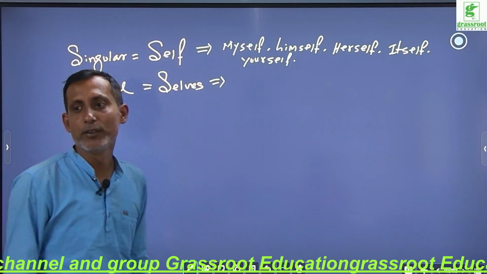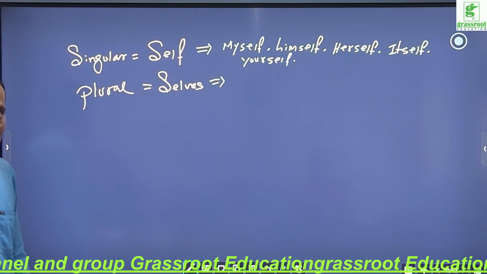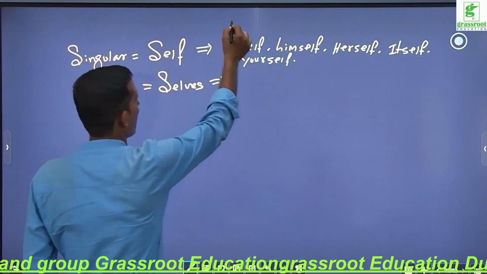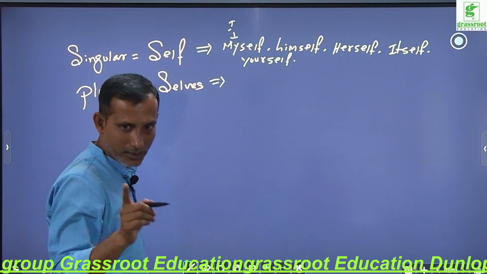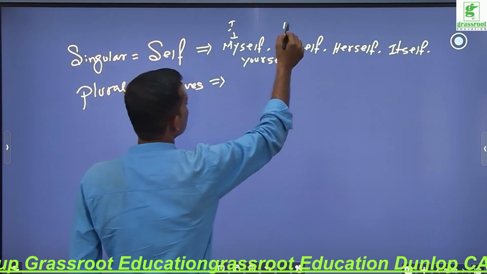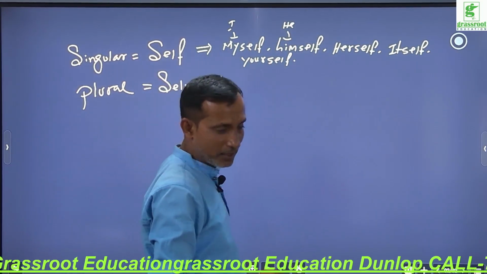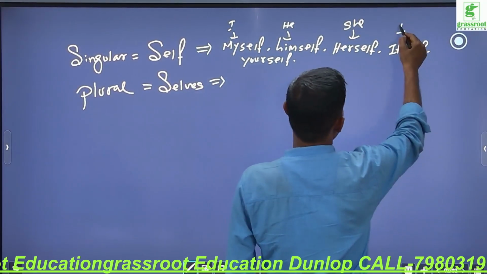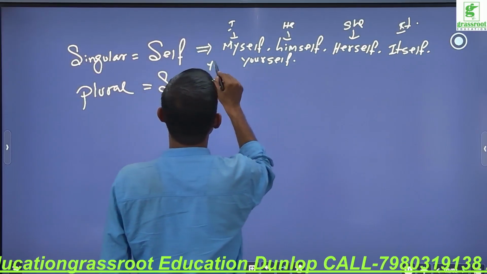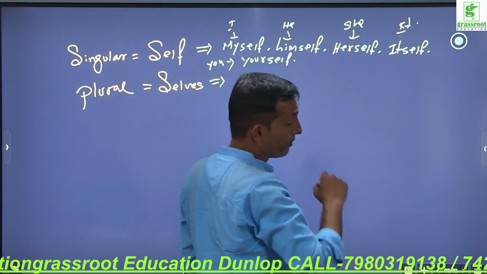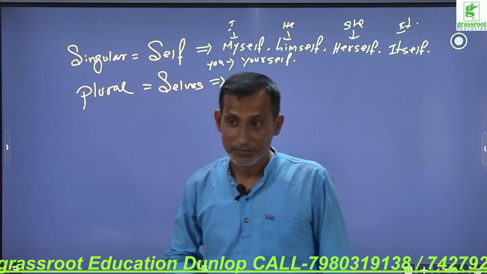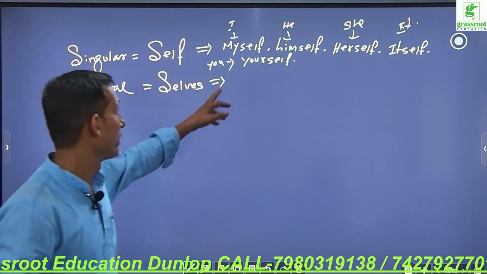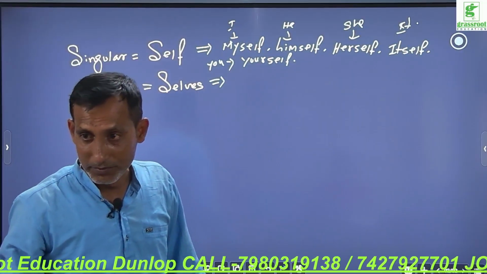As it is in singular form, only the word self is used with the singular, because I is singular, that's why myself. Is it clear? He is singular, that's why himself, and she is singular, and it is singular, and you can be used both in singular and plural. When it is in singular form, you can say yourself. Is it clear or not?